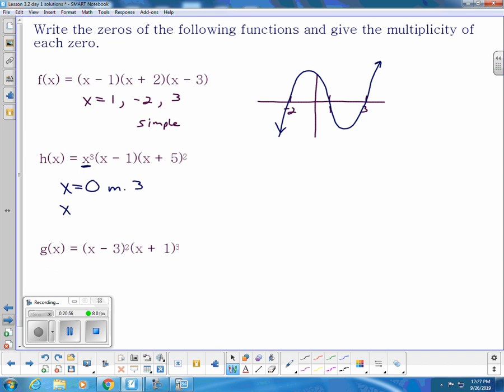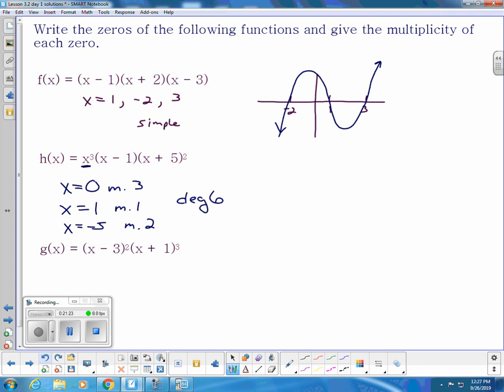Next root is x equals 1, multiplicity of 1, so there's really not a multiplicity. And the next one is -5, and that multiplicity is 2. What's our degree? 6. Is it positive or negative?